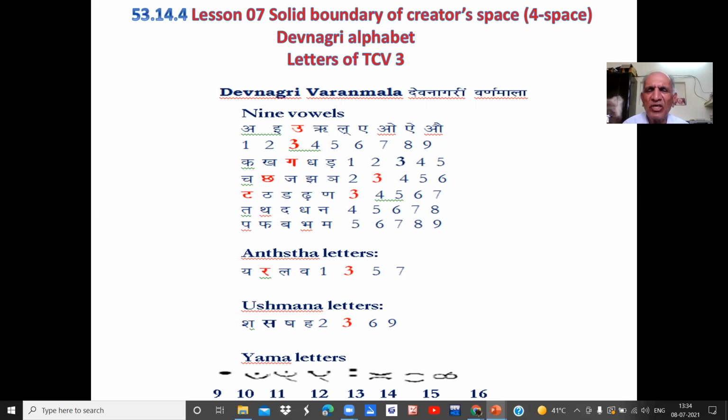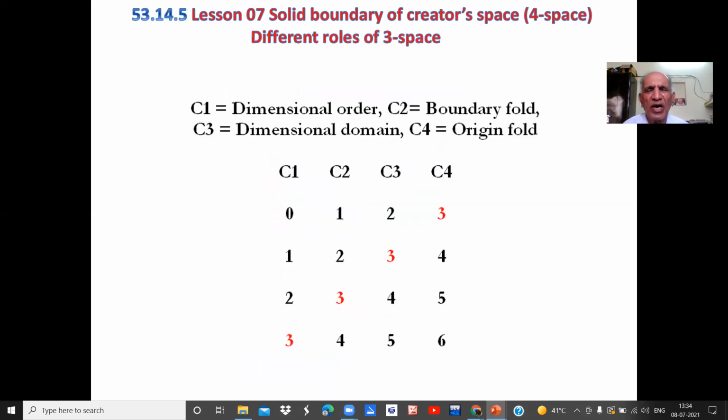Like that, the Anthasta letter and Ushmana letter as well take us to the end enveloping value and the end transcendental value. With this, we will be in a position to have a glimpse as to the different roles being played by 3 space. 3 space as origin, 3 space as domain, 3 space as boundary, and 3 space as dimension are 4 prominent, distinct roles of each dimensional space.